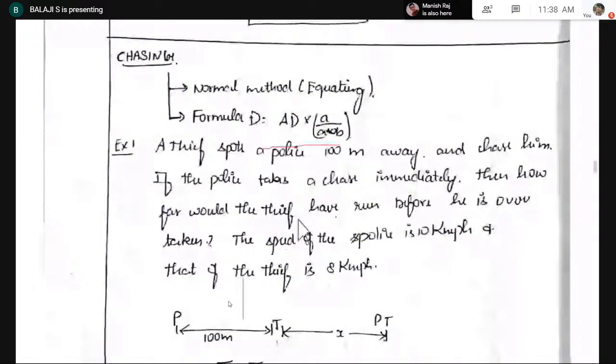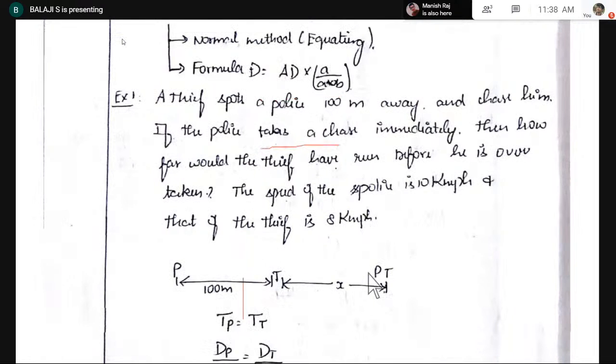See the question. A thief spots a police 100 meters away and chases him. If the police take a chase immediately, then how far would the thief have run before he is overtaken? The speed of the policeman is 10 kilometer per hour, and that of the thief is 8 kilometer per hour. First of all, understand the question.